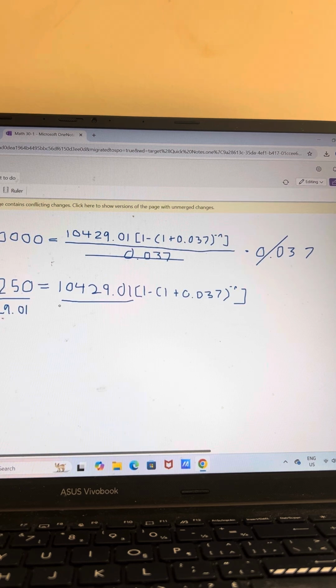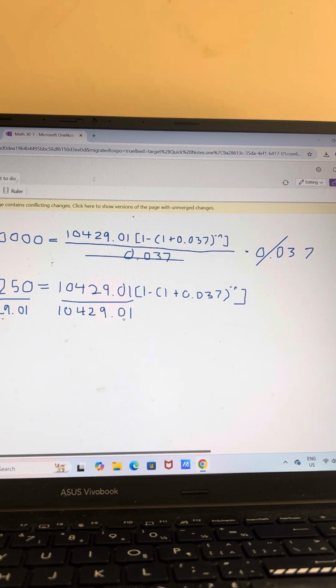Let's just do that really quickly. 9,250 divided by 10,429.01.